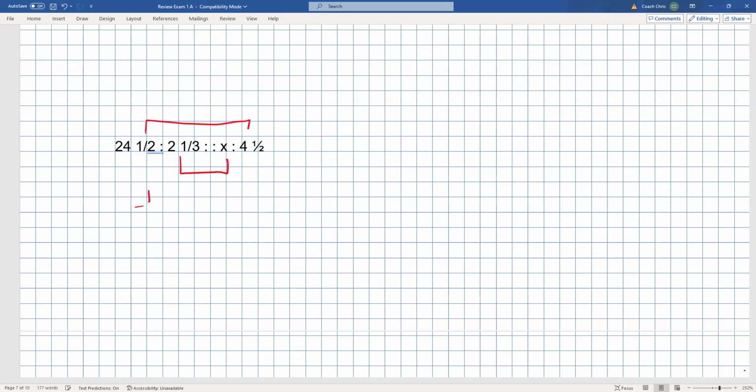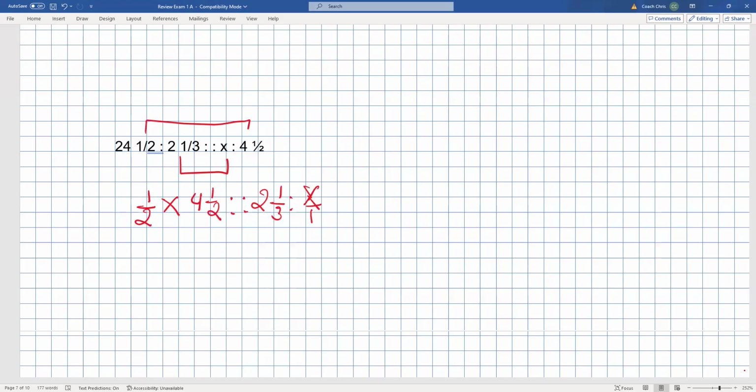So my first one is gonna become 1 and 1/2, multiply by 4 and 1/2. So go ahead and put your proportion sign. Then I have a 2 and 1/3, multiply that by x. All right. So you have x over 1. Just know x, you're always gonna multiply over top.